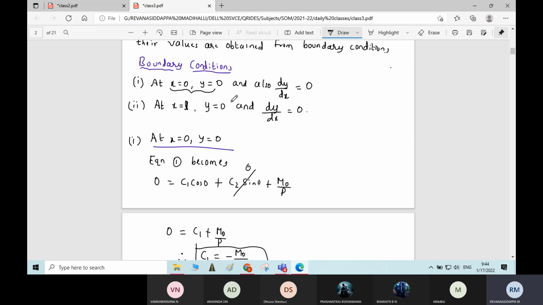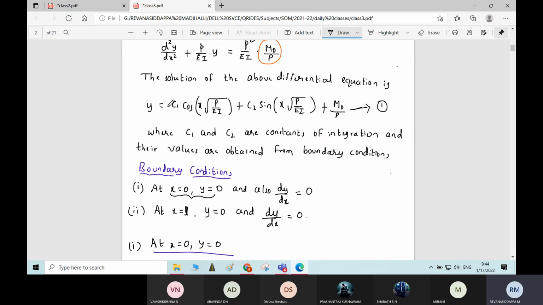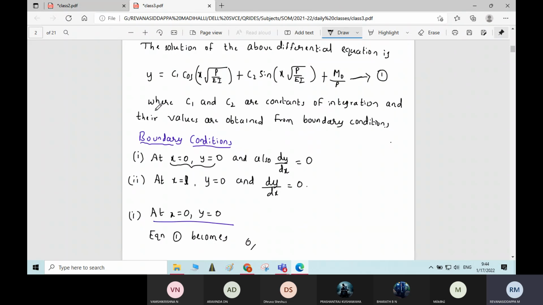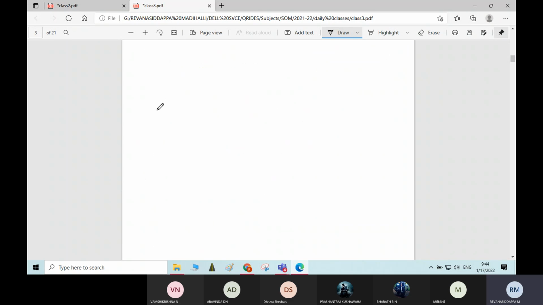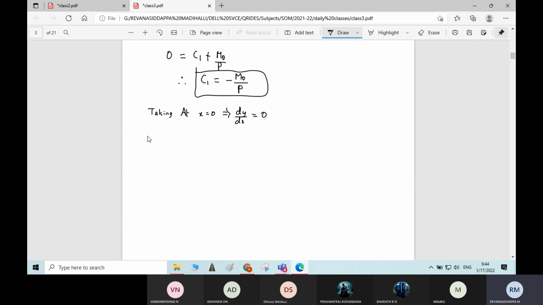We have the equation for y, but we need dy by dx. Therefore differentiate this equation 1 with respect to x.